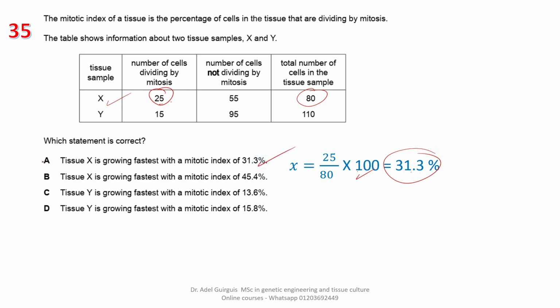So letter A is correct. Double check for Y. Y has 15 dividing cells by mitosis, 15 out of 110 times 100 equals 13.6. So this is wrong. Other choices are incorrect by misestimation or miscalculation of the mitotic index. So the answer is A.